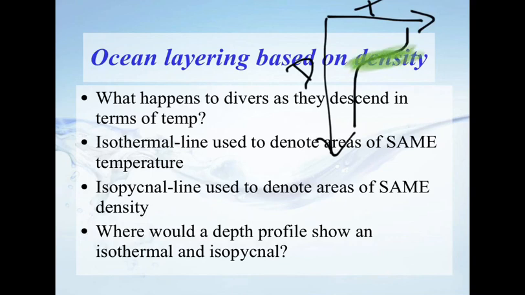That's the thermocline. And in pink, we have the pycnals. We've talked about the iso- terms before. Isothermal is the area where the temperature stays the same across certain depths. Isopycnals are lines where the density stays the same. So you should be able to identify on a graph now two parts, not just the cline, but also the pycnals, if I give you a depth profile.